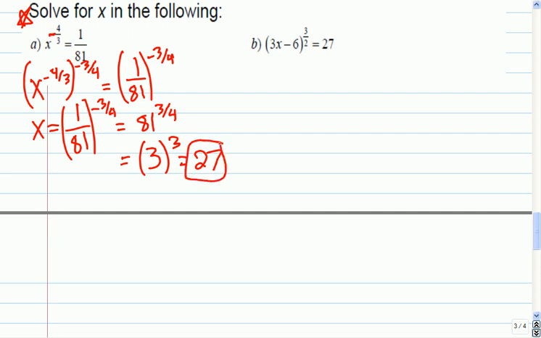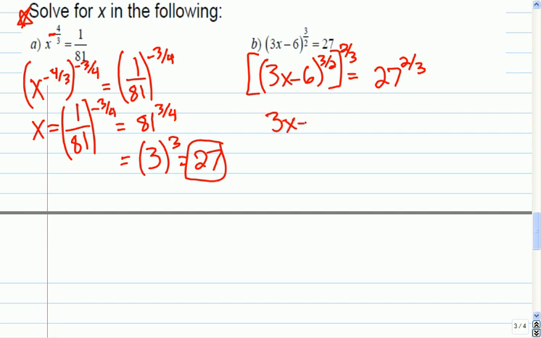I'll give you a couple more just to try, the next one. Okay, so again, if I was faced with this, what I'm going to do is raise this to 2/3, which means I have to do the same thing to 27. I'll end up with 3x minus 6 equals 27 to the 2/3.